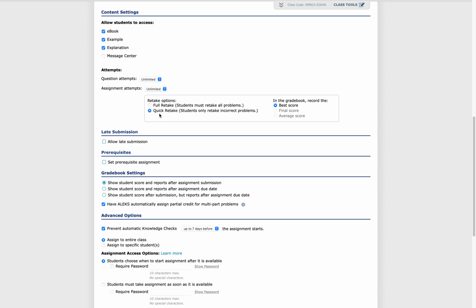So this is a quick retake option: if you have any incorrect problems, when re-accessing the homework after the first or second submission, you're only going to have to retake the incorrect portions. Anything that you got correct is already logged in and recorded. And in the grade book, the best score is going to be recorded.